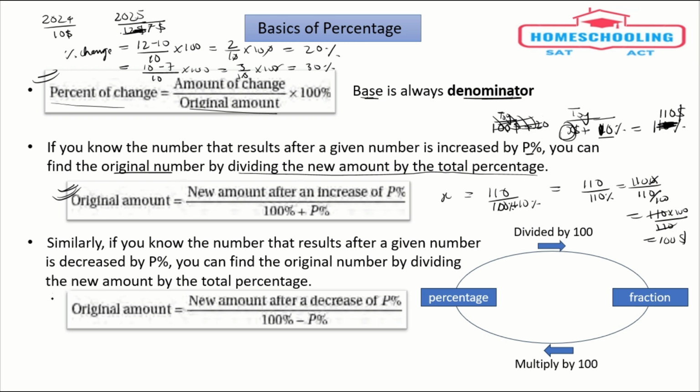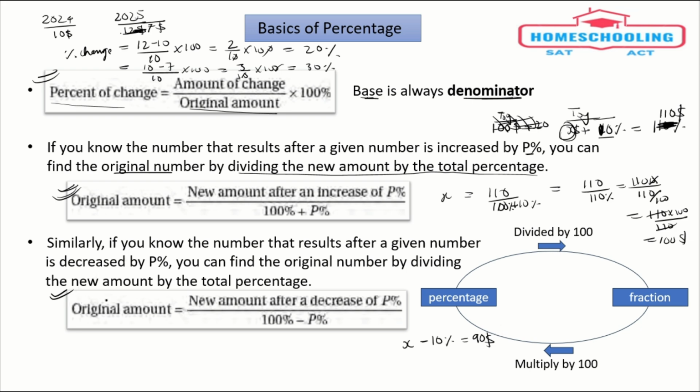And if something is discounted or reduced, let's take X as the price, and the company provided a 10% discount on the price. After the discount, the price is $90.